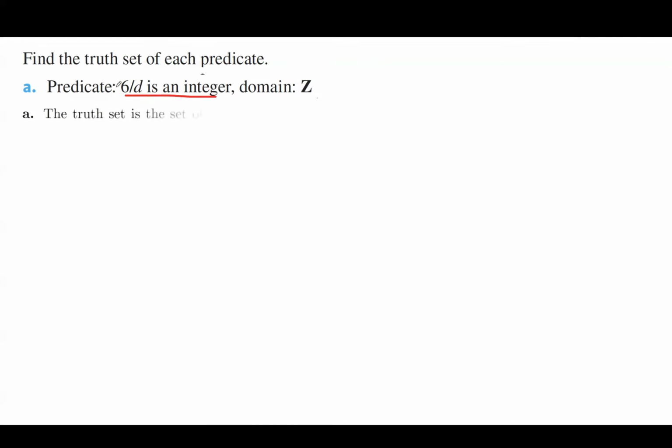Question says, find the true set of each predicate here. The very first predicate says, you're going to divide 6 by d, and this number is going to be an integer. And the domain is given to you as Z. So basically, you are dividing 6 by d, and the remainder must be equal to 0.